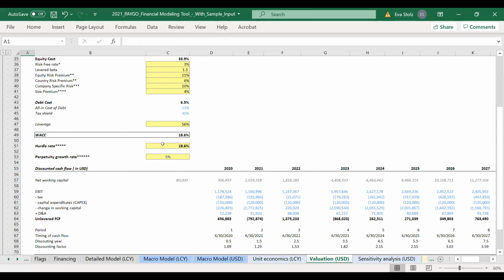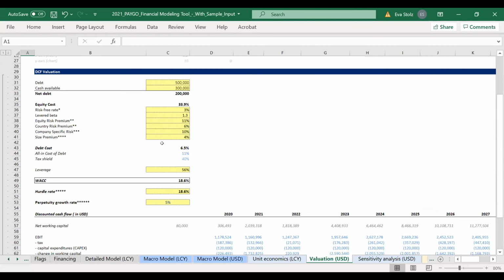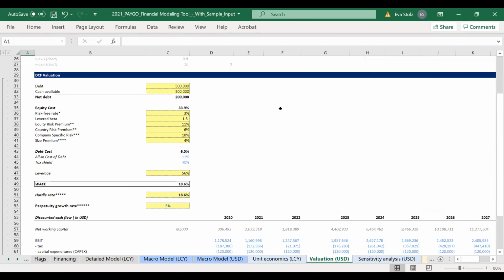It is not an ideal method for early stage companies because it is highly dependent on assumptions, and therefore it works best when a company has enough historic cash flows to make some realistic assumptions around the future. It also does not work for a company that produces negative cash flows. And here, just to show you how it's incorporated in the model.